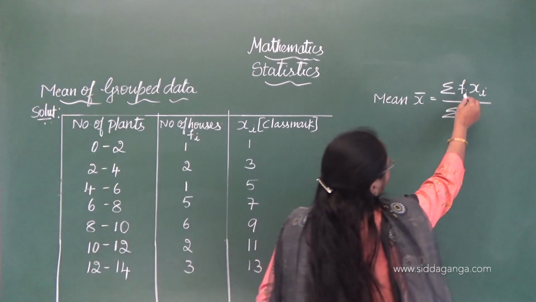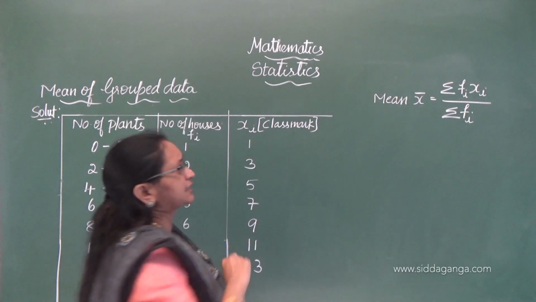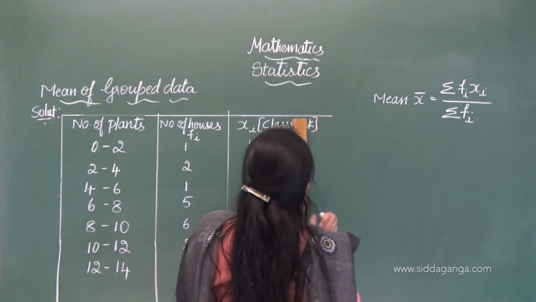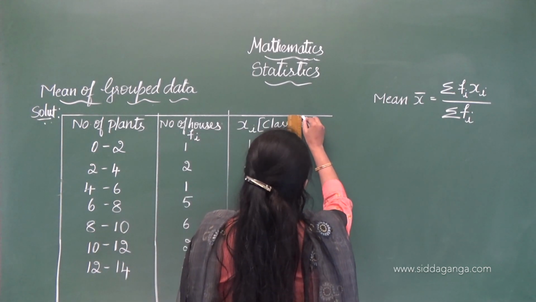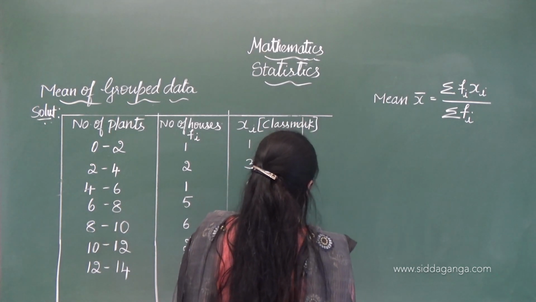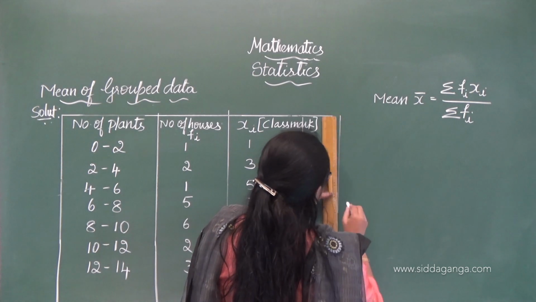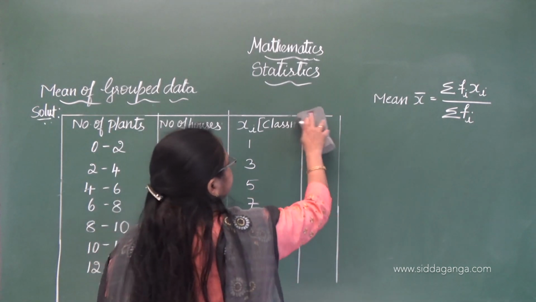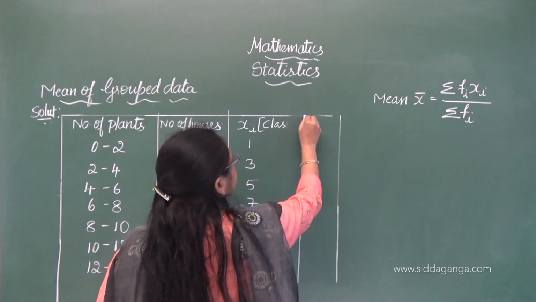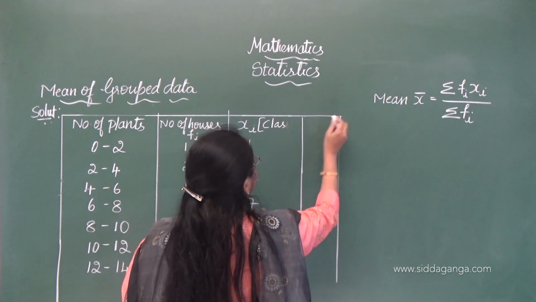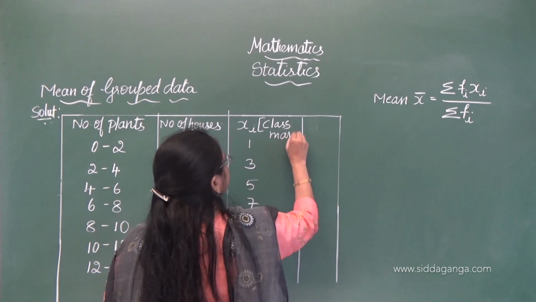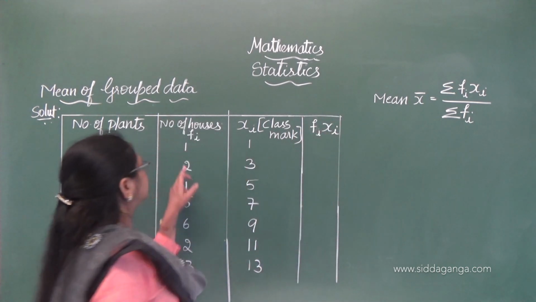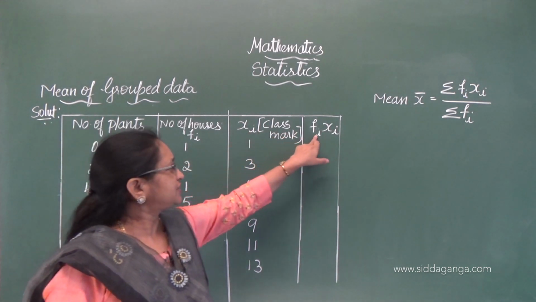What is the next step? What do we want here? See, Fi Xi. That will be the next column. Okay, this is Fi Xi, Fi into Xi.